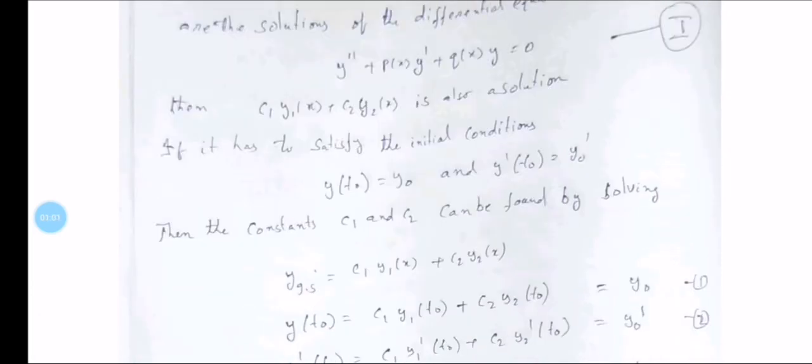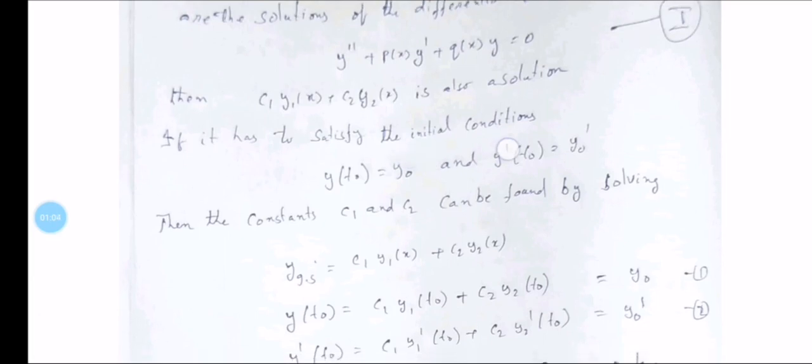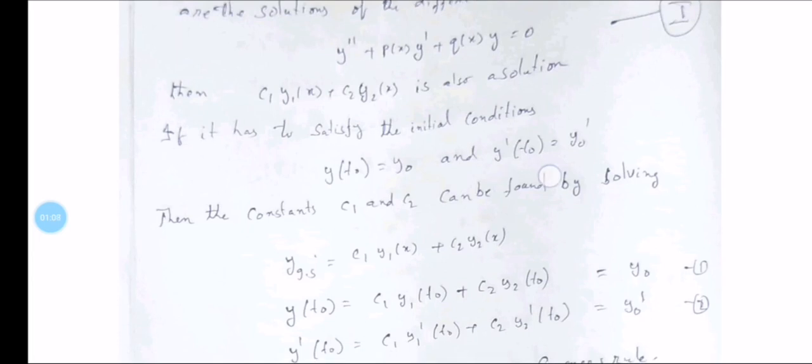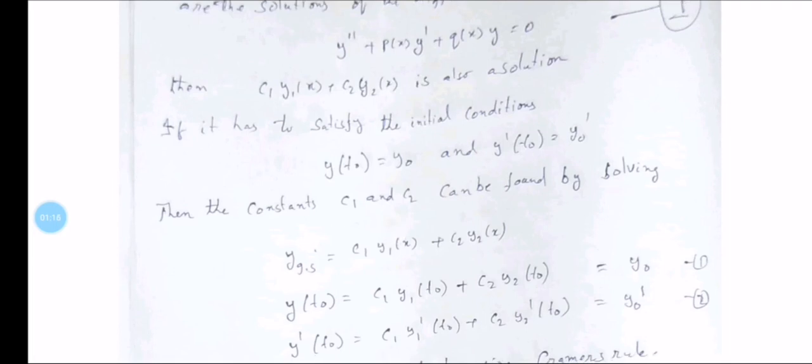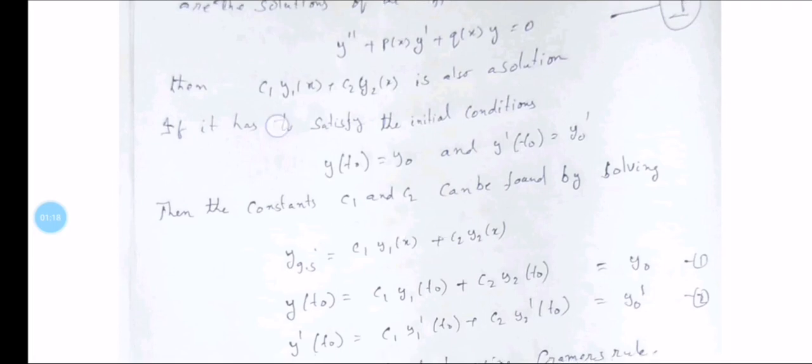So we consider the initial conditions y(t0) = y0 and y'(t0) = y0'. Then the constants c1 and c2 we need to find.